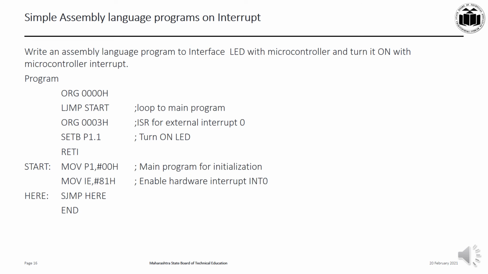In the main program we will first initialize port 1 as an output port by using MOV P1, #00H. Then we can enable the hardware interrupt INT0 by using the instruction MOV IE, #81H. So whenever the interrupt occurs, the interrupt service routine located at memory location 0003H will be executed.